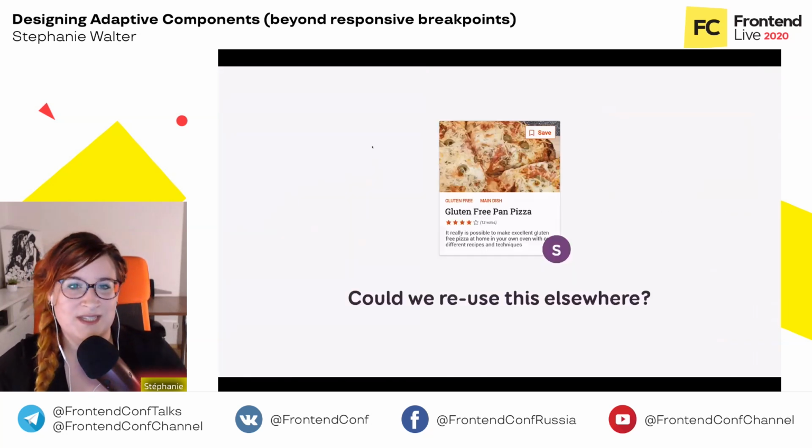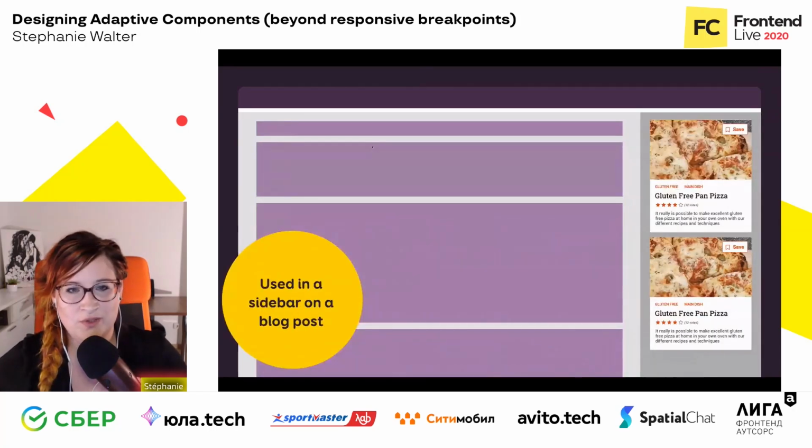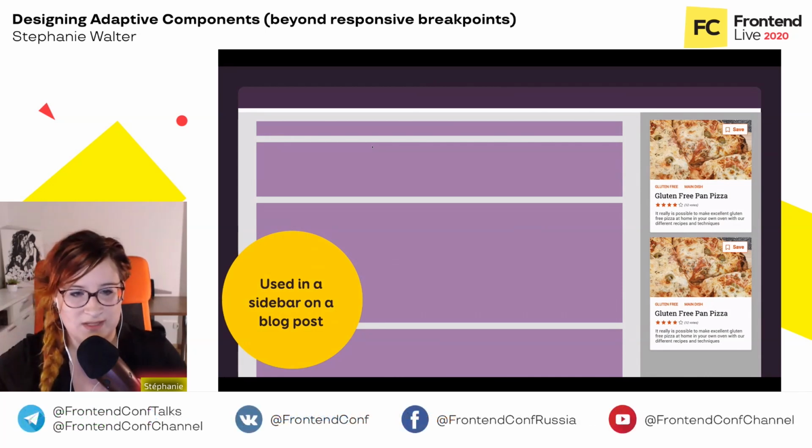So the question is, if I take this component, I'm going to use it for the small viewport, but can we reuse this somewhere else? We could use it as teasers in a seasonal thematic recipe page if you want to have this kind of card layout, which is super trendy at the moment. We could say that this exact same component could be used on desktop in a sidebar, for instance, in a blog, where I would, again, want to have a few teasers to show the different recipes.